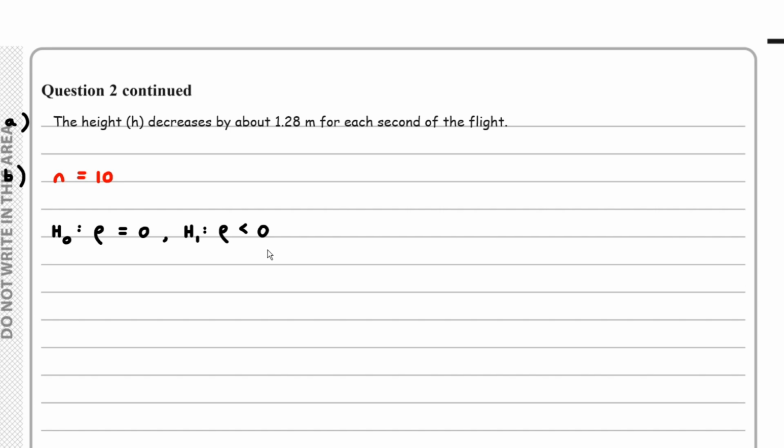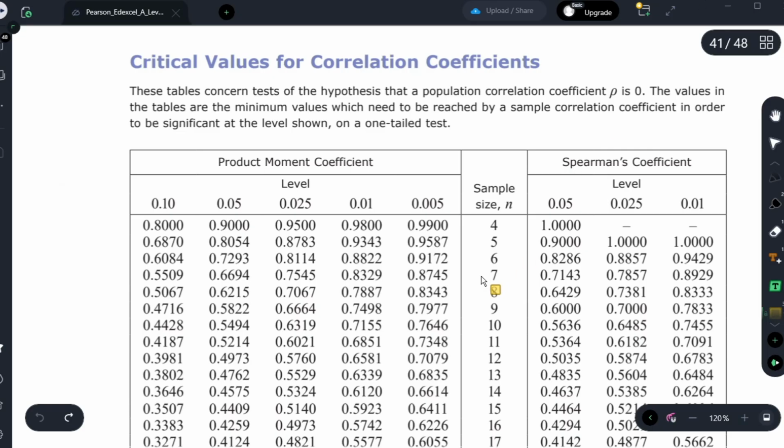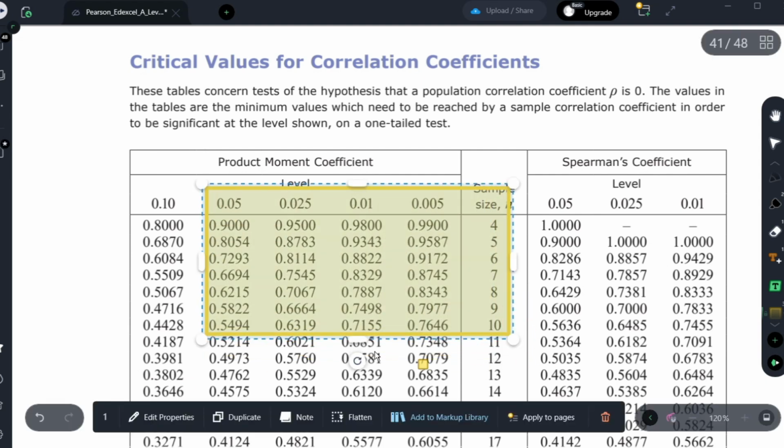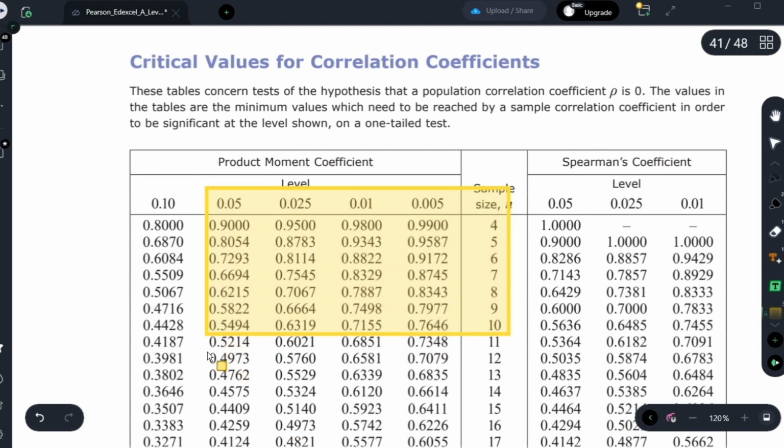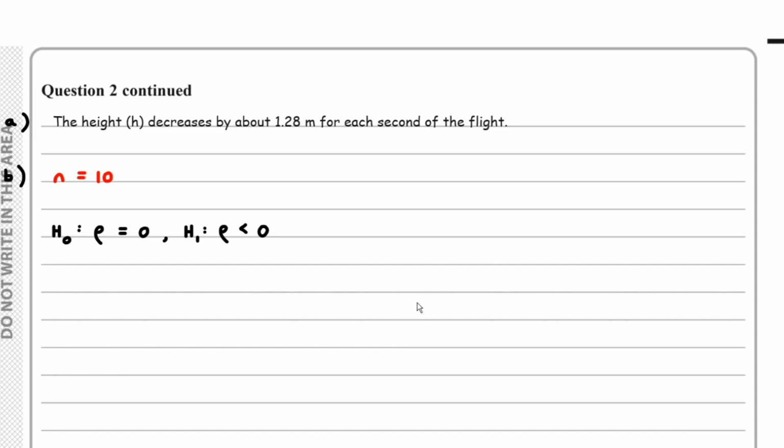We now need to find the critical value. At the 5% level of significance with a sample size of 10, you can see that our critical value is negative 0.5494. So the critical value is equal to negative 0.5494, and we need to compare this with the negative 0.510.